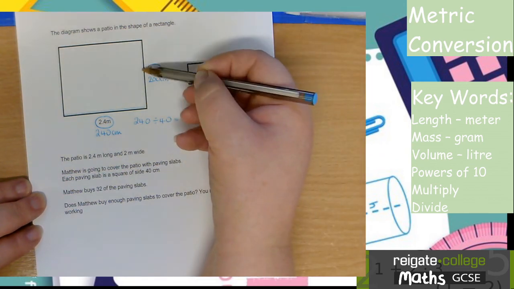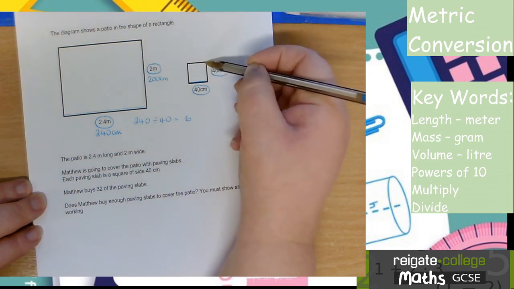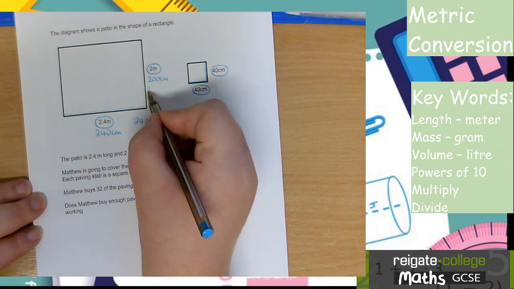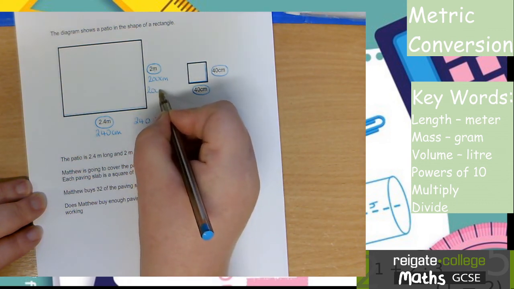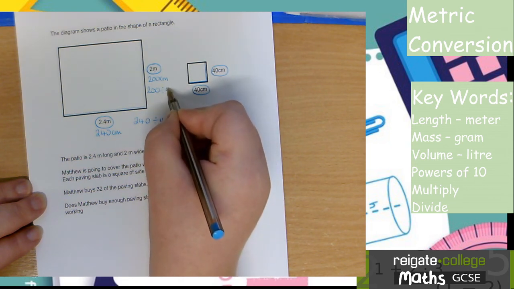For the height dimension here, I'm going to compare it to this dimension here. So the same kind of question. This time 200 divided by 40.